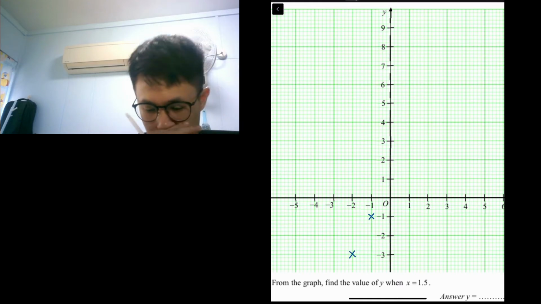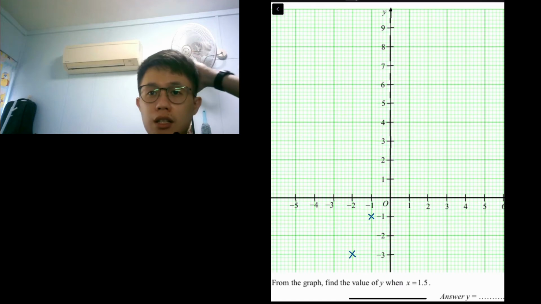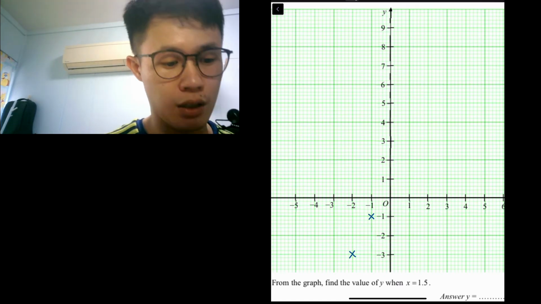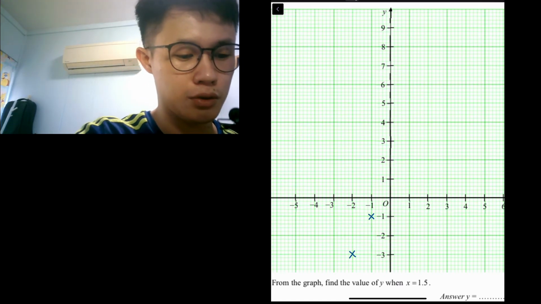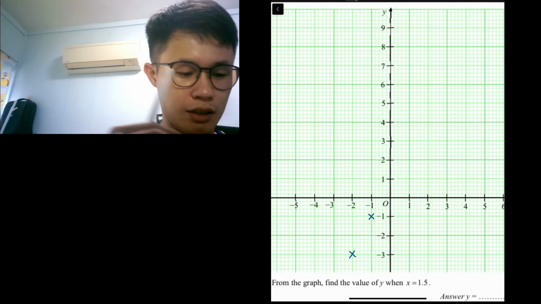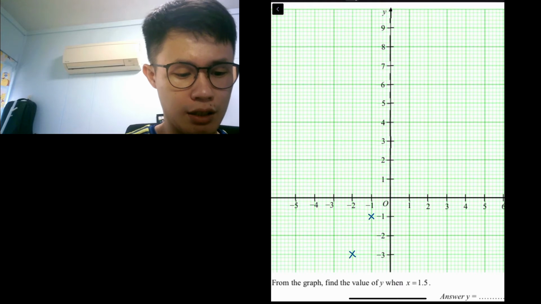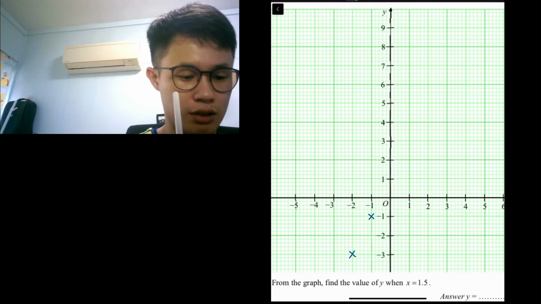Okay, so one tip: how do I know I made a mistake? One way is that you can plot the graph, and then you realize that all your points don't lie on the same line, and that is a telltale sign that your graph is not possible.